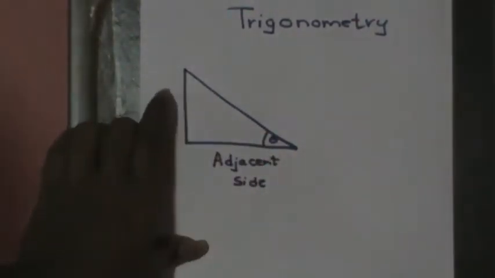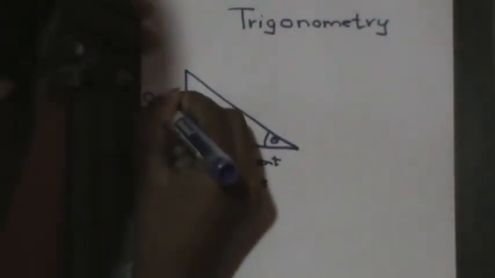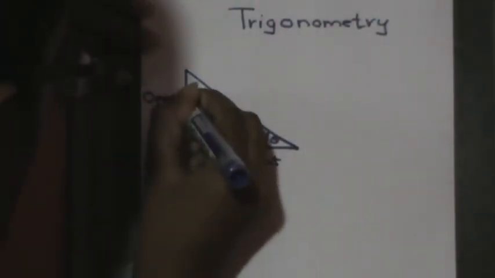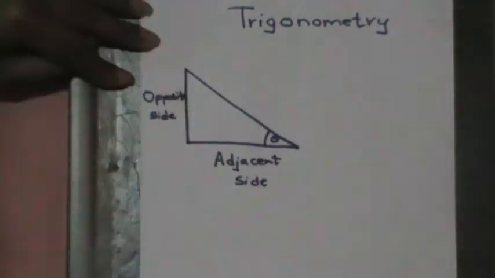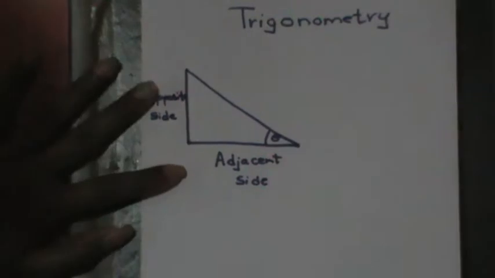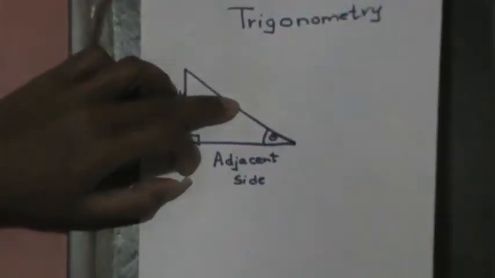And this is the opposite side. And you know that if this is the right angle triangle, this is the hypotenuse.